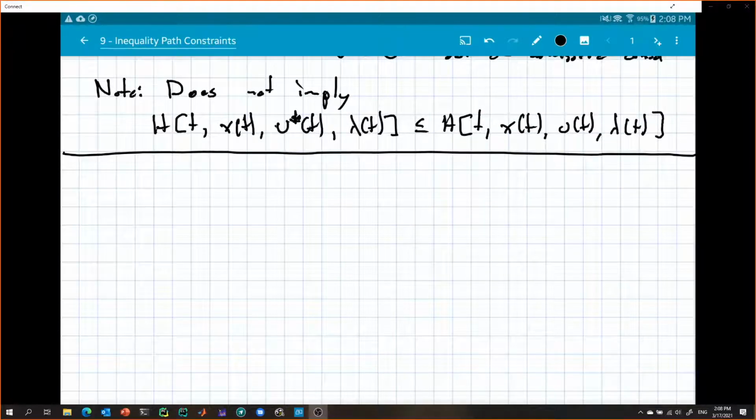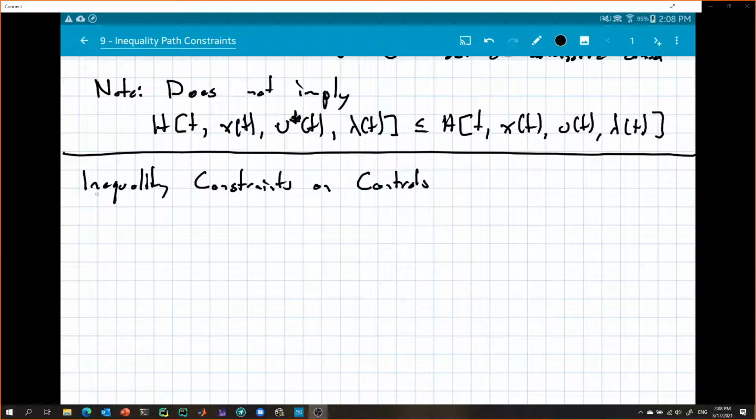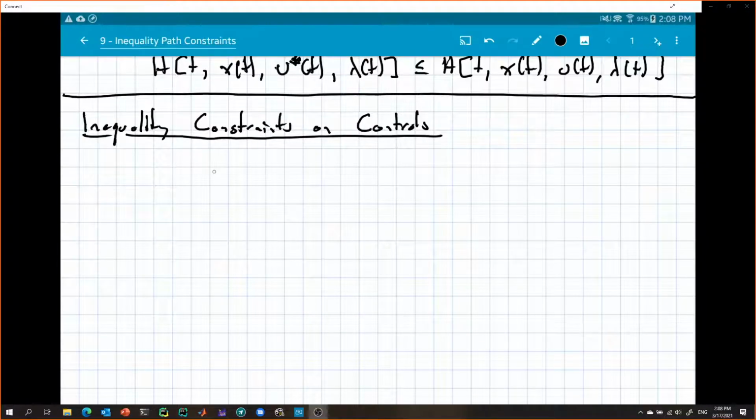Okay, so now we're getting to actual inequality constraints, and kind of the same as we did with equality constraints in the past, I'm going to start with inequality constraints on the controls. So we have some C of t and u, which instead of equal to 0, is less than or equal to 0.